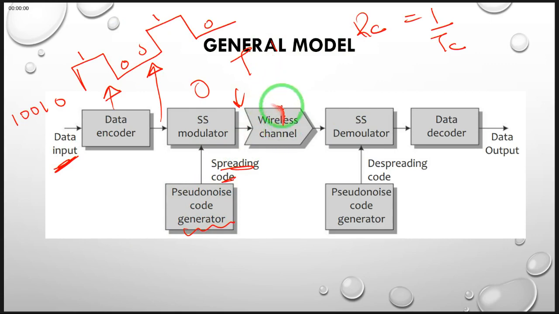This is the signal that is now sent to the wireless channel. At the receiver side, we have the signal that is spread in spectrum, and that signal may have been influenced by interference, which we are going to observe in the subsequent slides.